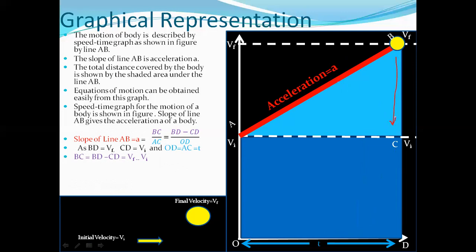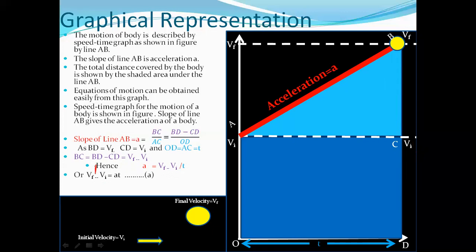If we want to represent this much part in the form of a value, we have to subtract the value of VI from VF. So let us write it down. Hence, A is equal to VF minus VI divided by T.